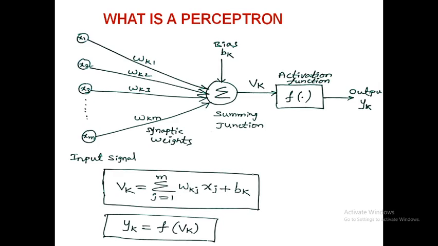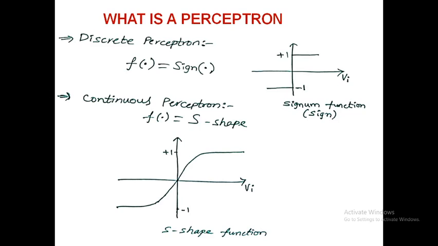Based on the activation function type, the perceptron category is decided. If it is the signum function, represented with SIGN, then the boundaries are plus 1 and minus 1, and based on the input you may get either plus 1 or minus 1.